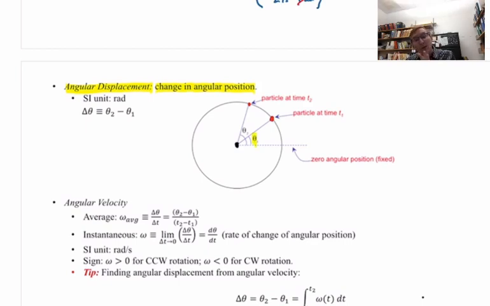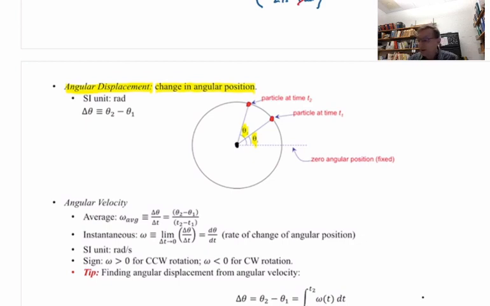I just so happened to draw it so that theta 1 is positive. A little bit later, at time t2, the wheel is rotated around, and the red dot is now at that second position with an angular position that I've denoted in the picture here, theta 2. So the angular position has changed between time t1 and t2.